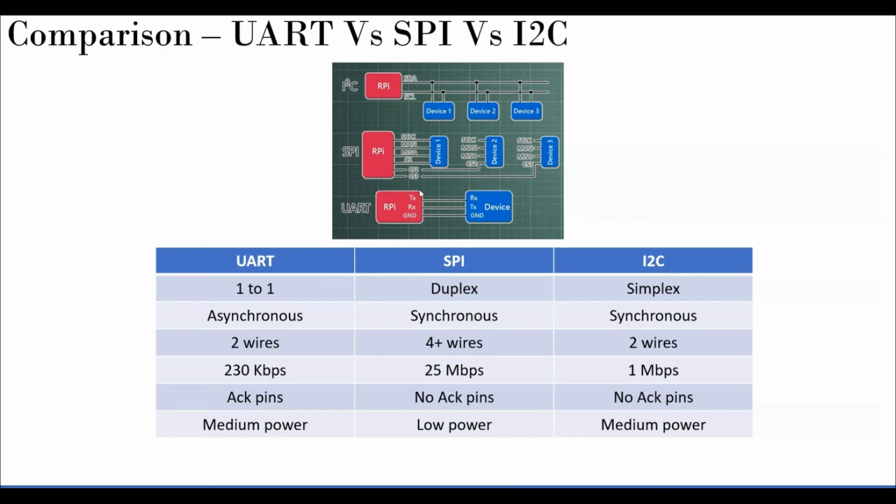So as we discussed, UART is one-to-one. Even though I'm showing transmit and receive separate, this will be a single line, and ignore ground. So this is a very realistic representation, but it is one line, right? And SPI, one master, multiple slaves, 4 wires in fact: one for clock, 2 for data, and 1 for chip select or slave select.